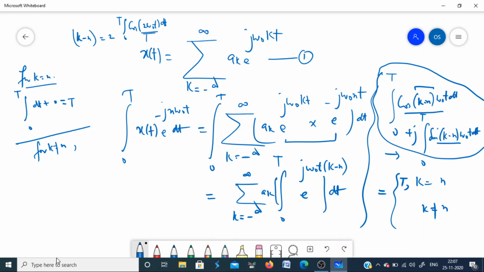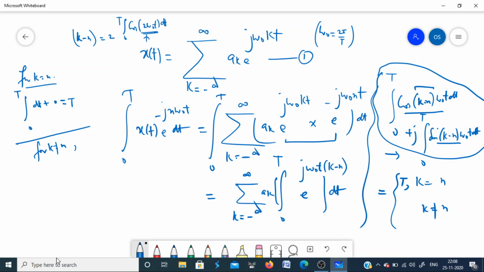Now omega naught is the fundamental frequency of the signal, where omega naught is 2 pi by T. So the frequency of this is 2 times the fundamental frequency. It means the time period of this signal is half, so T by 2 because frequency is double.